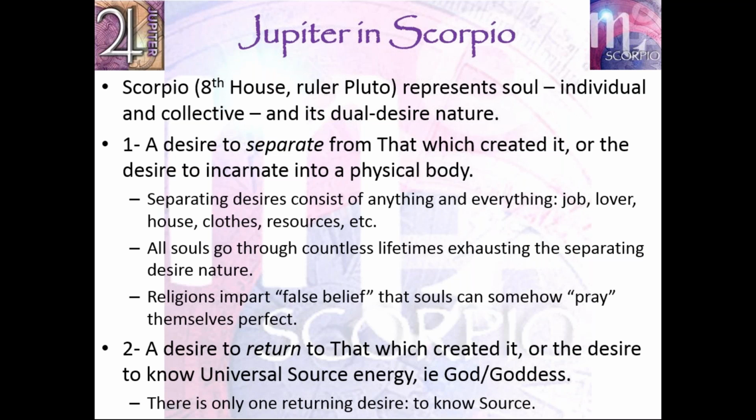So Jupiter in Scorpio is going to expose all of these deep dual desires within us. We may release some, we may have some new separating desires come through, we may have that returning desire strengthening and becoming more and more conscious through Jupiter in Scorpio.